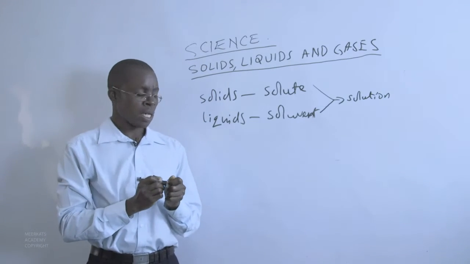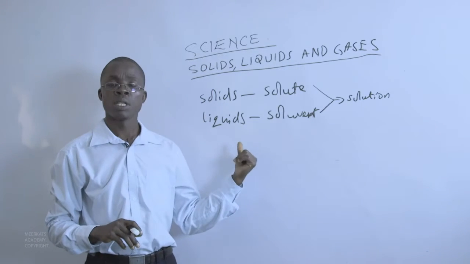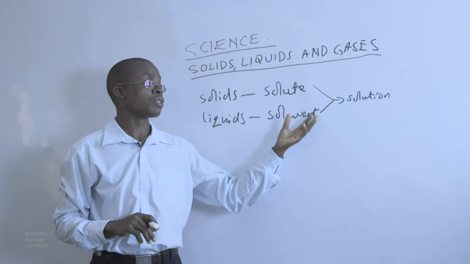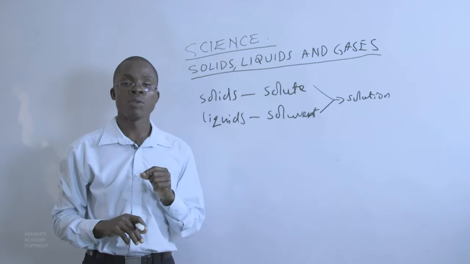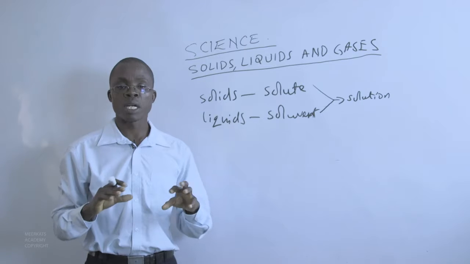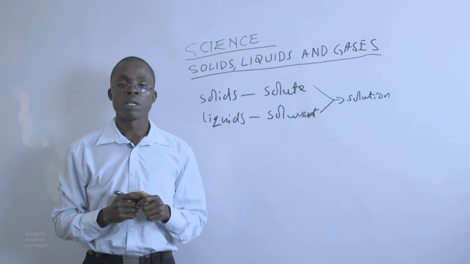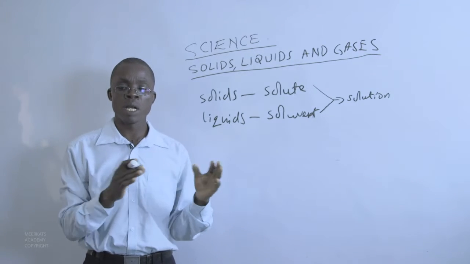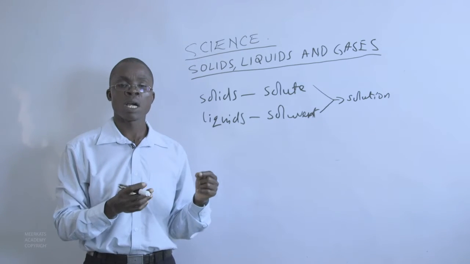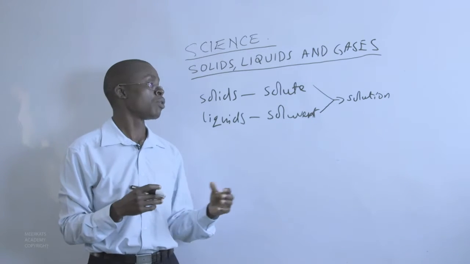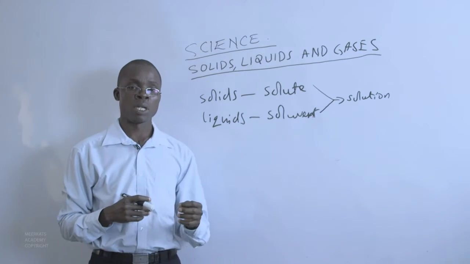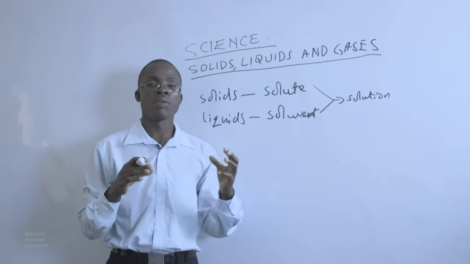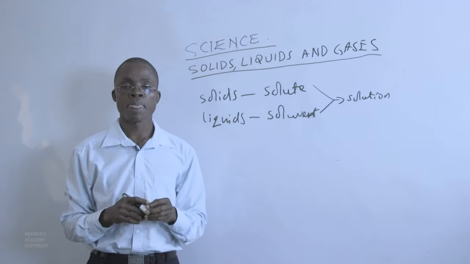Now, I want us to understand how a solute and a solvent come together to form a solution in terms of the kinetic theory of matter, and how the movement we learned in that theory helps to form a solution. Thereafter, we also look at this solution in different situations.